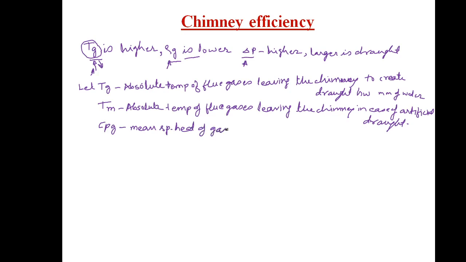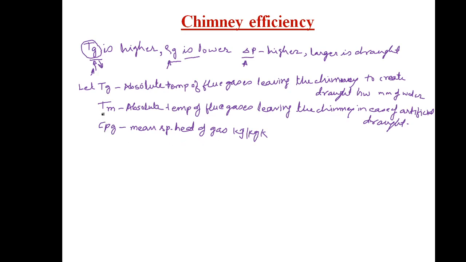of flue gas in kilojoules per kg Kelvin. The extra heat is carried by the gases as the gases are moving at the higher temperature.